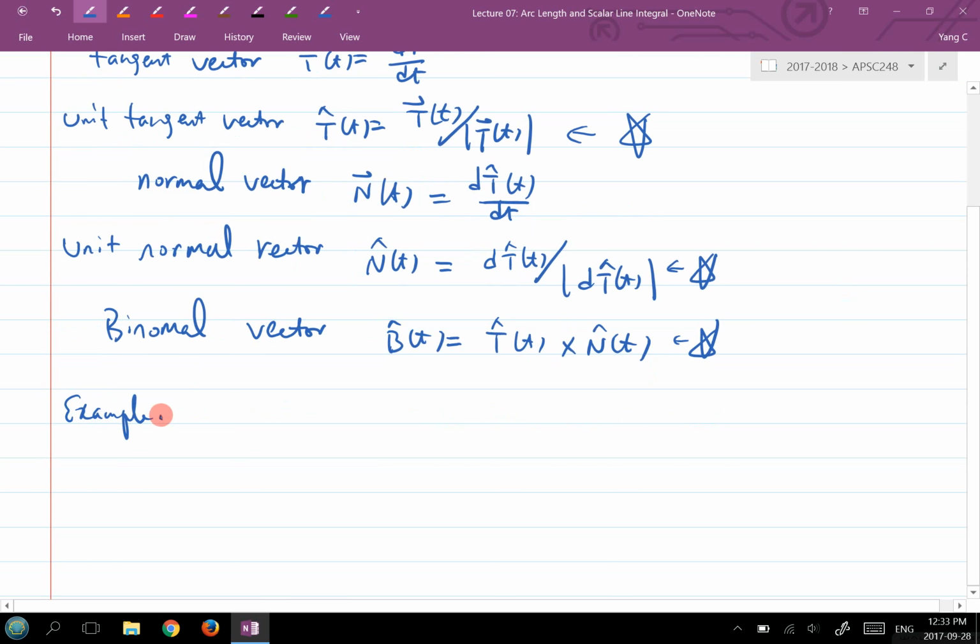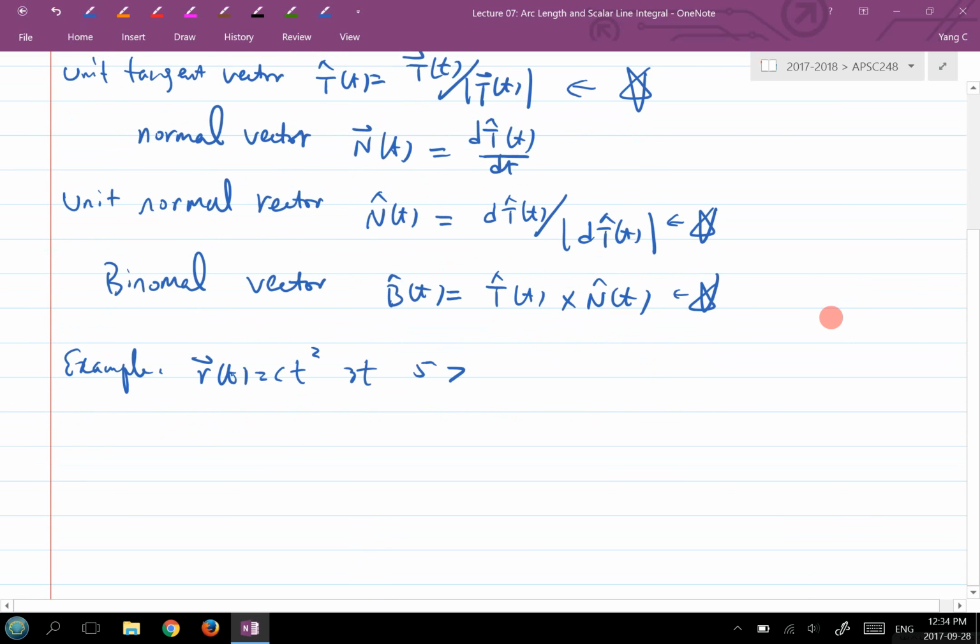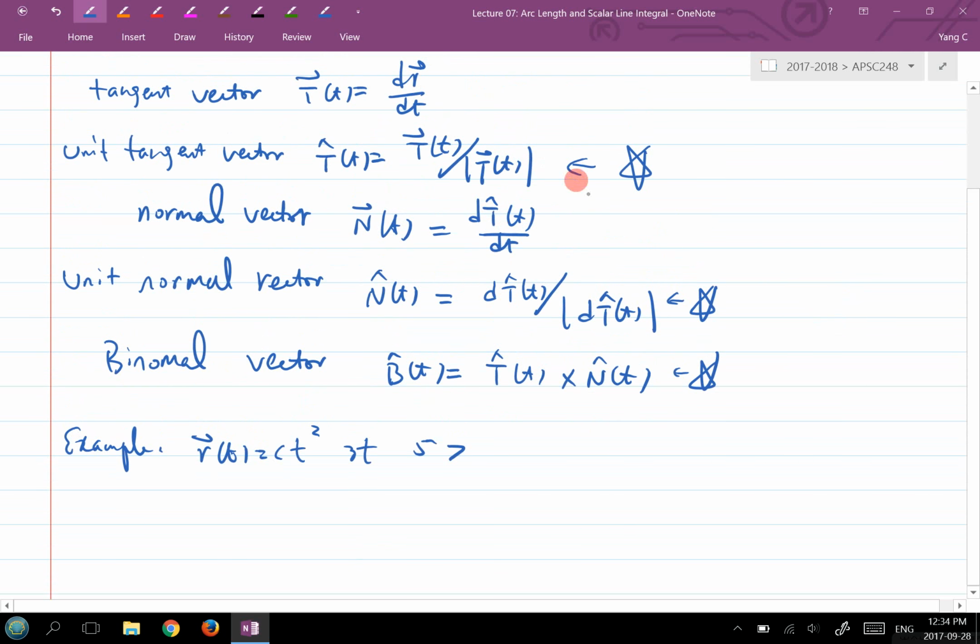Okay, so let's finish the example from the previous lecture, finding all these three unit vectors. Given the vector function t squared, 3t, pi, we will try to find the three unit vectors t hat, n hat, and b hat.